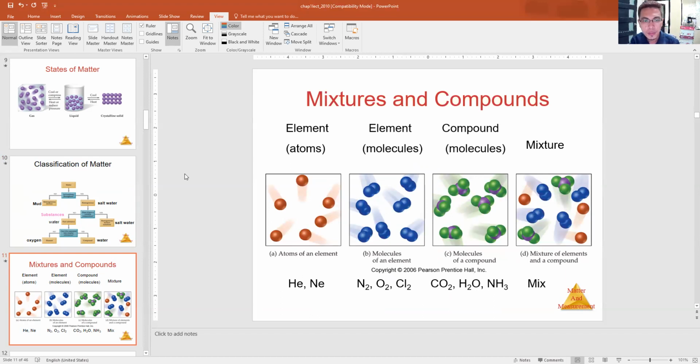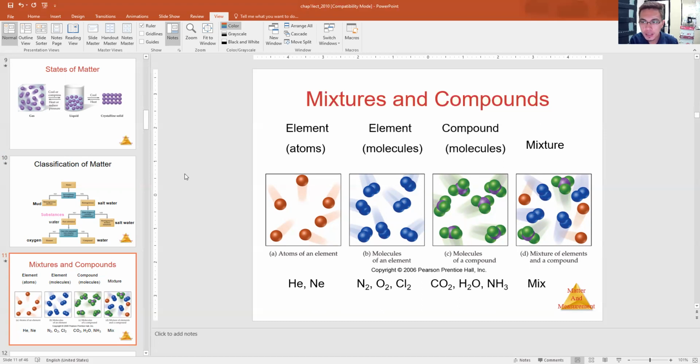Okay, mixtures and compounds. Elements are atoms existing as a single entity, not a mixture of other elements. Then element and molecule. So molecules of an element. It is an element but in molecular form, like the diatomic form mentioned earlier.